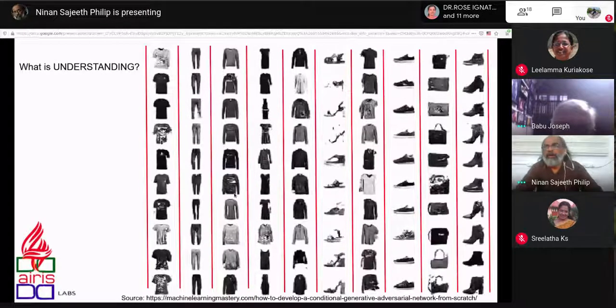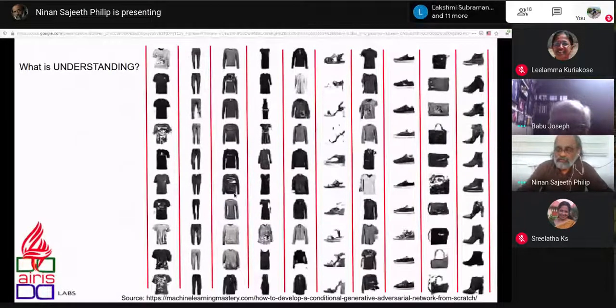So let's ask the question, what is understanding? I'm putting forward some postulates here which may be debated but are for the sake of the presentation now. Knowledge helps us to identify things.